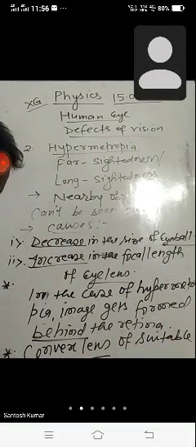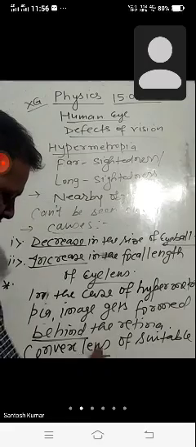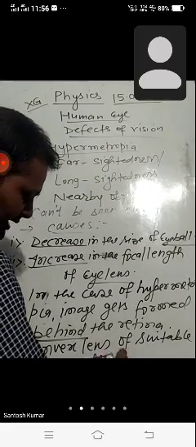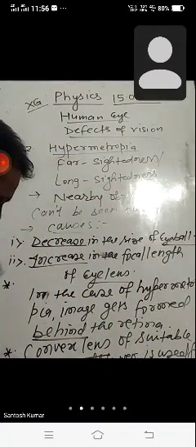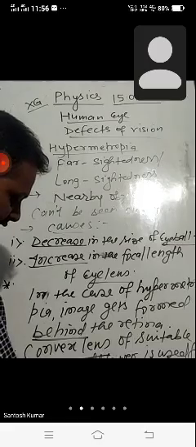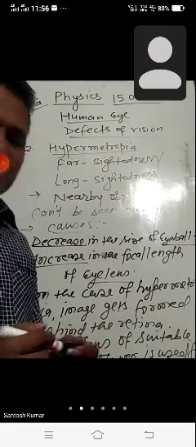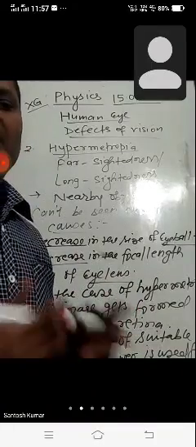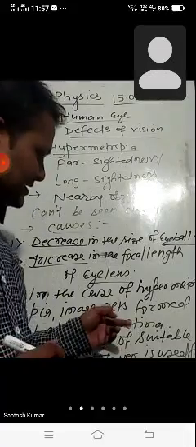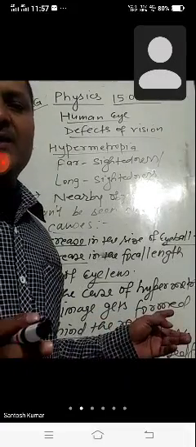Convex lens of suitable or appropriate focal length, or you can write power, is used for its correction. We will see why a convex lens has been used, how it will send the image back to the retina. So we will see during the diagram.